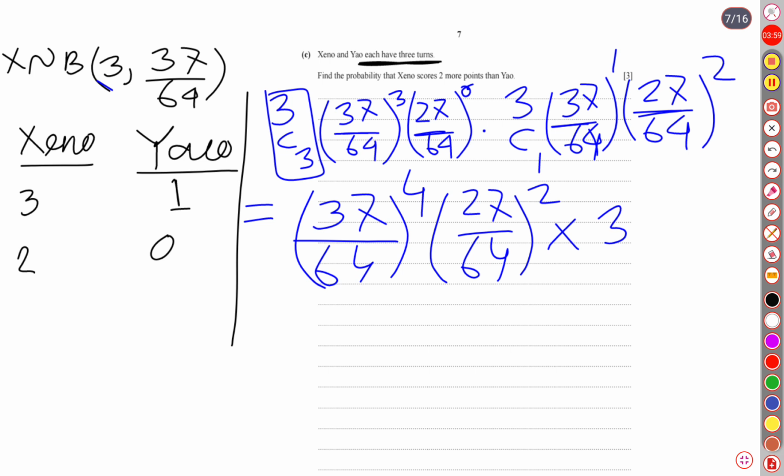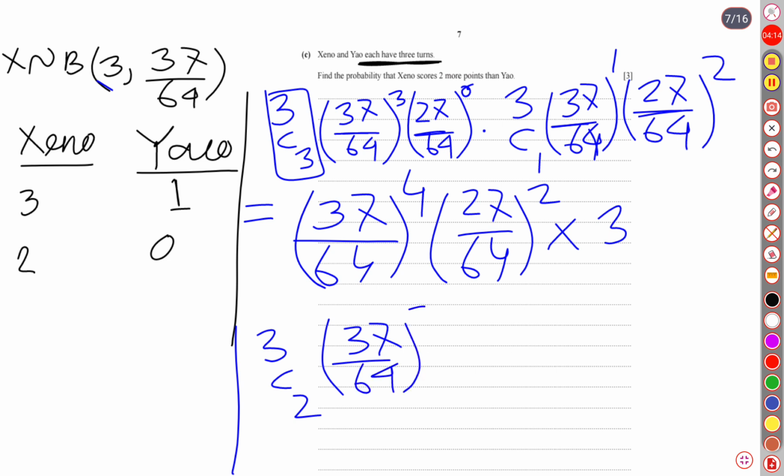Then for the second case, Zeno succeeded 2 times. So 3 choose 2. Success is 37 over 64 two times, and once he failed, so 27 over 64 is failure. After that, for Yao, he succeeded no times.